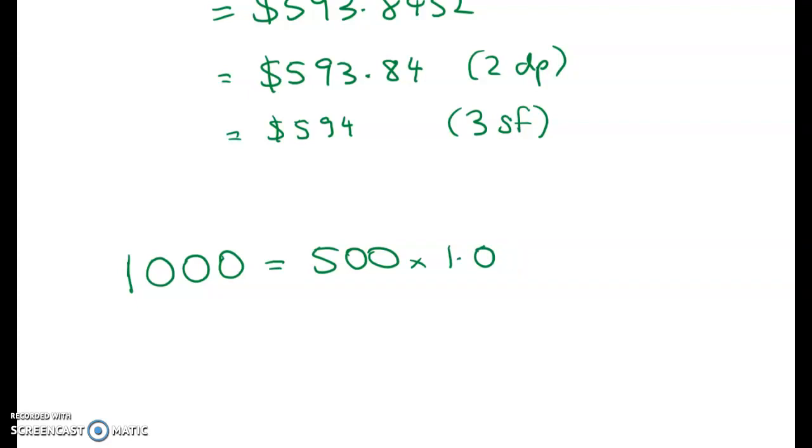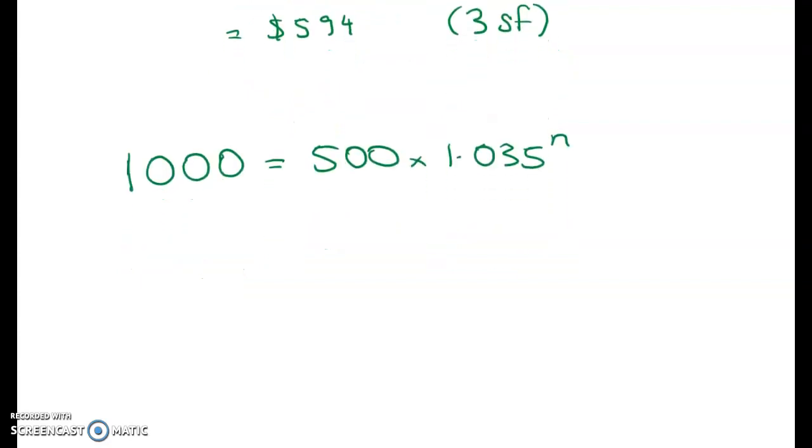So 500 times 1.035 to the power of n. The first step is to divide through by the 500. That leaves us with 2 is equal to 1.035 to the power of n. So what we're asking is how long it's going to take for her money to double when the interest rate is this. So that's why that 2 should make sense.